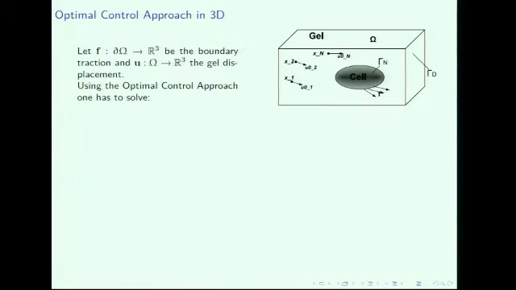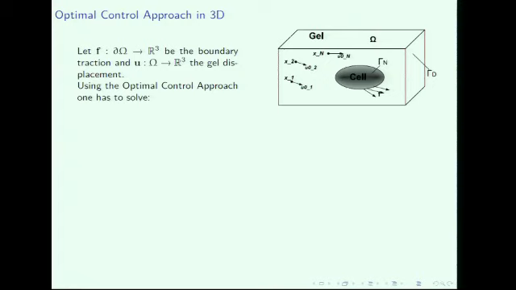First of all, we stick with such a setting, with the domain omega being a domain filled by an elastic material. The internal boundary, say gamma N, is the boundary where the cell traction applies, so it's a Neumann-like boundary condition.